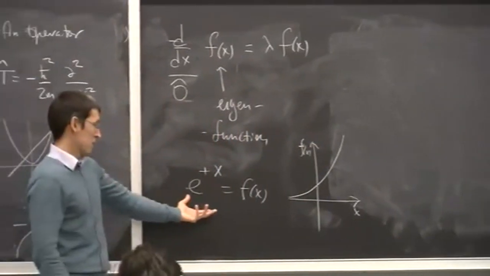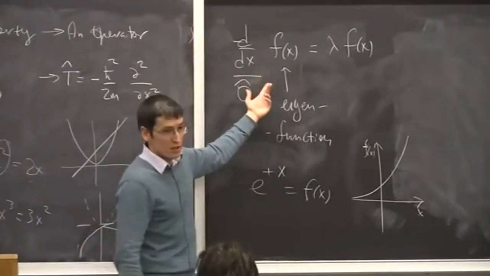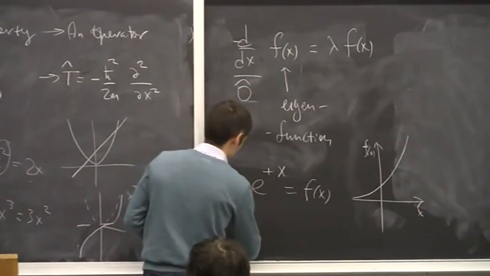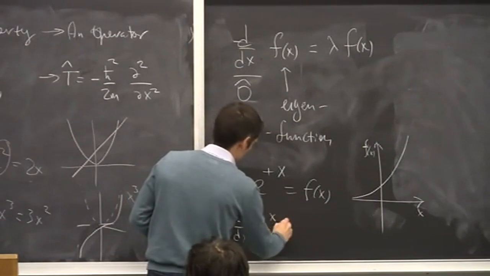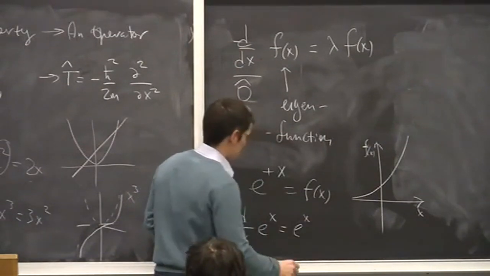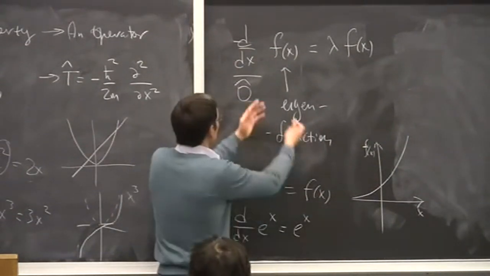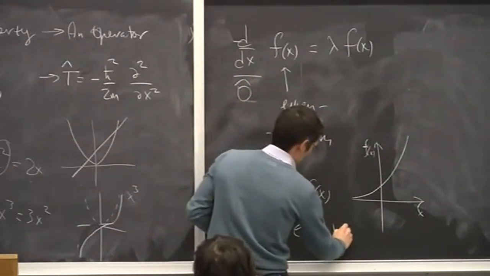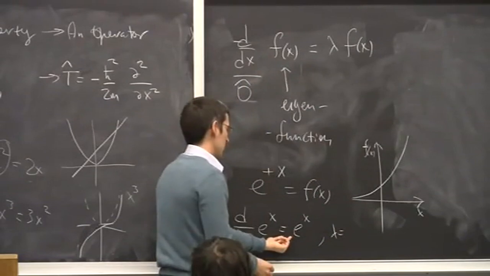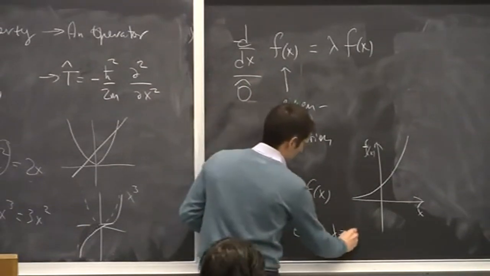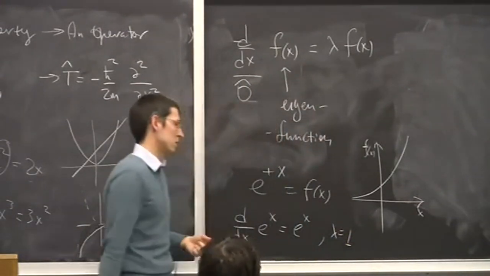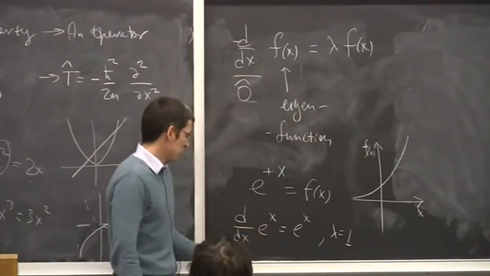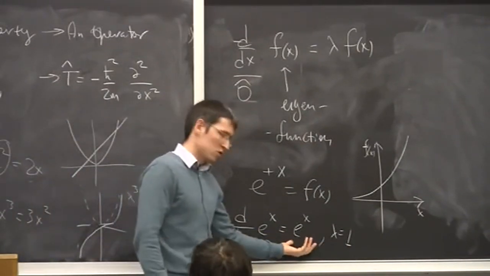And so the magical thing about the exponent is, if you differentiate the exponent, you get back the exponent, right? d over dx of e to the x equals e to the x. So that means we can say that the exponent is f of x, and in this case lambda, which is an eigenvalue in front of the eigenfunction, is just 1, right? And so as you can see, you differentiate the exponent and the shape didn't change.